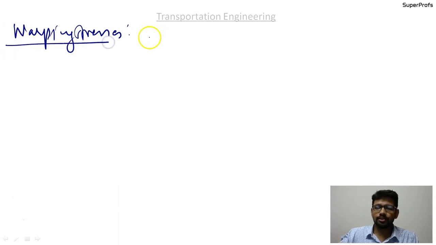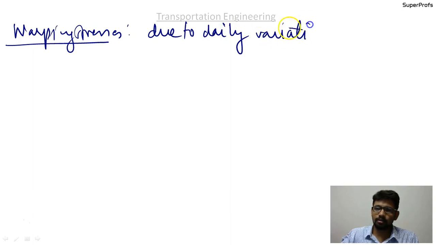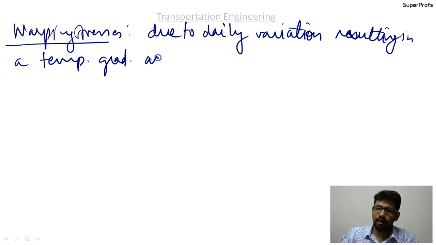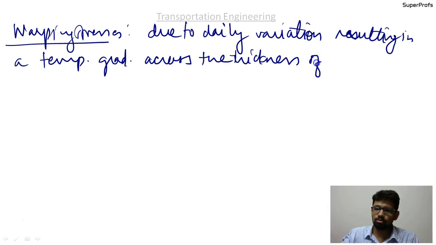I am sure that it is clear to you, just for clarification, please write down that the warping stresses are due to daily variation, resulting in a temperature gradient across the thickness of the slab, causing warping.